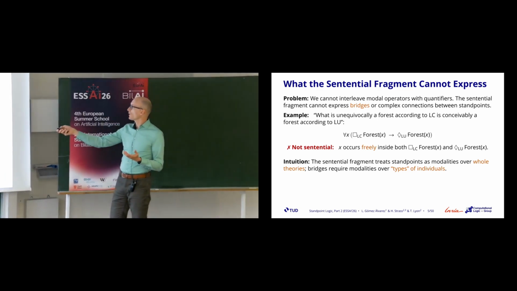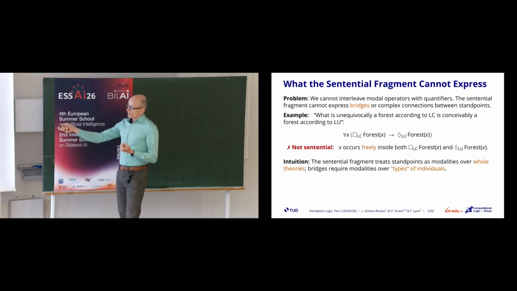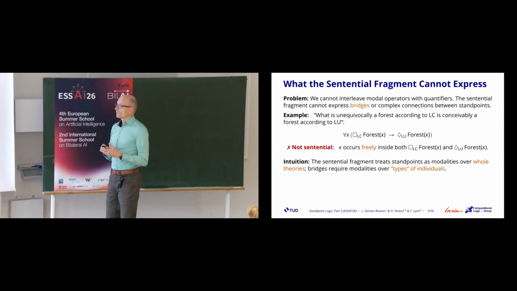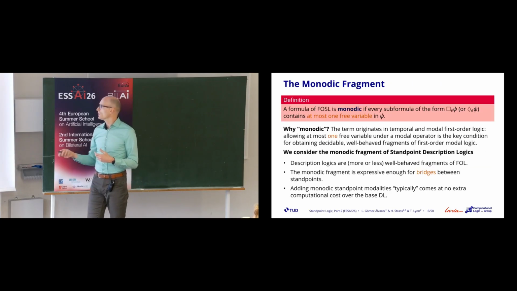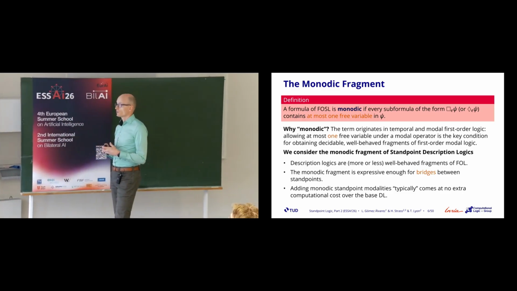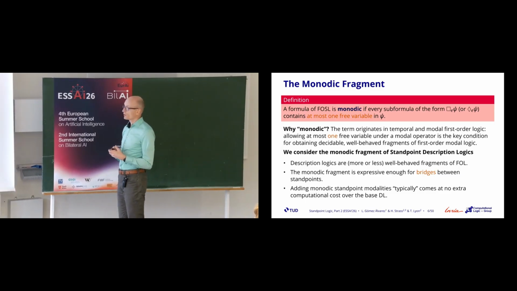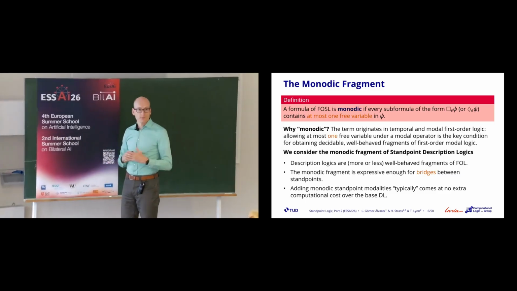Right? So here you have at most one free variable after the modality. Here, the same. Right? So this would be within the monodic fragment, and it already expresses what we want to express. Right? So our next target will be looking at monodic fragments for restricted versions of first-order logics, in particular description logics.